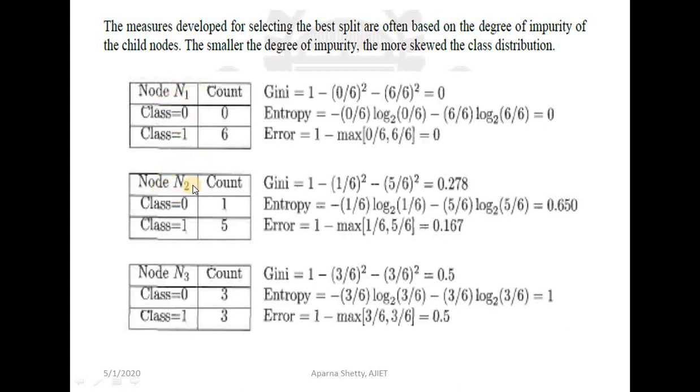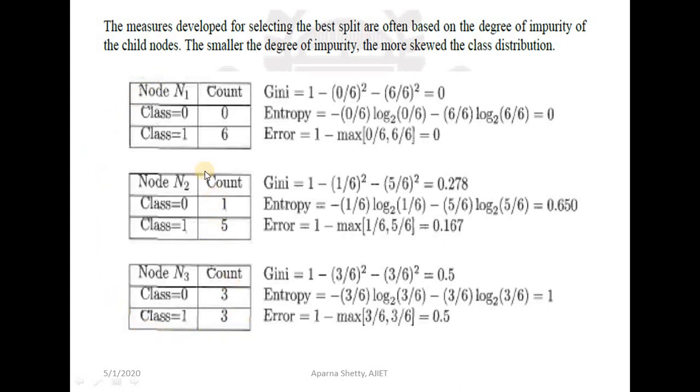Similarly, for node N2, we are counting the attribute values that belong to class 0 and class 1. Same way, for node N3, we are counting the attribute values that belong to class 0 and class 1. This is just an example over here.